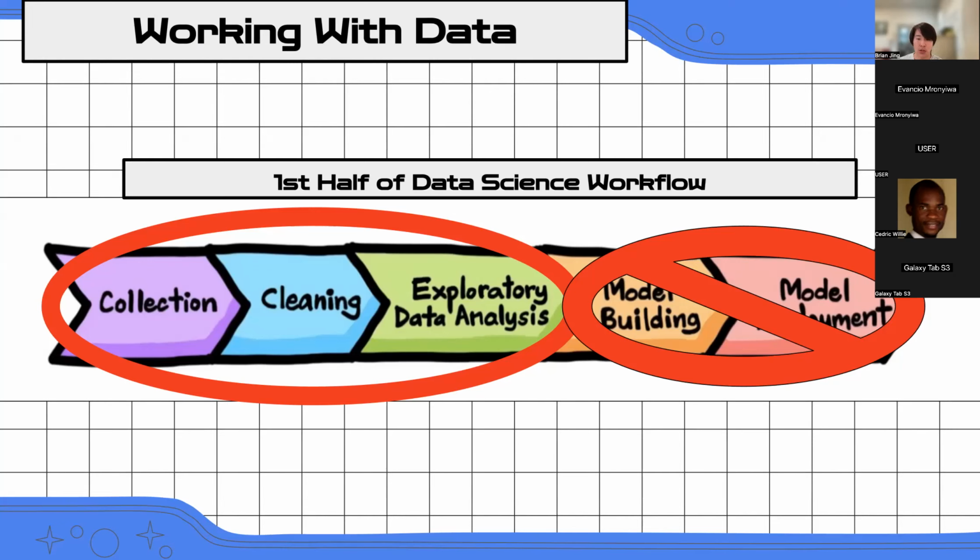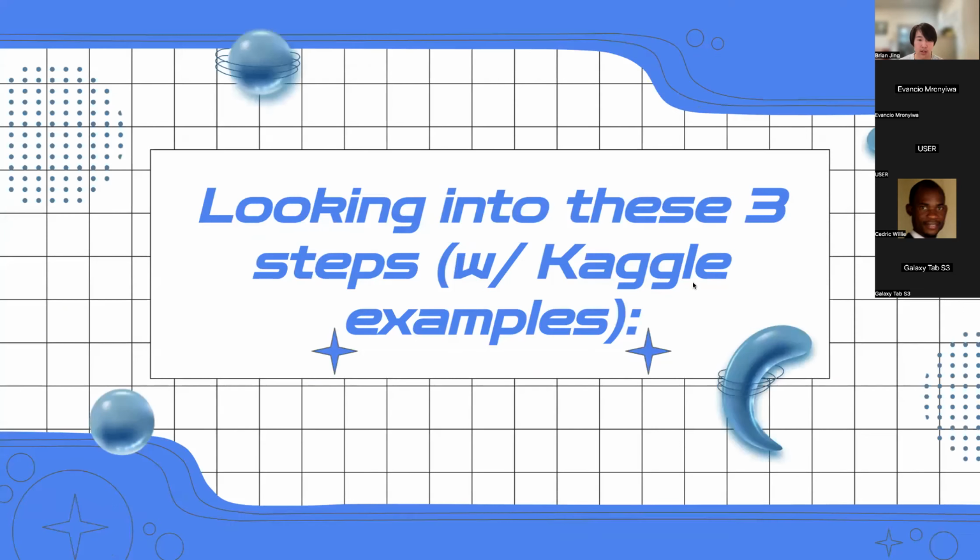We won't cover the whole workflow this time. That'll be next time. Today we're only covering the first half, which is working with data. So we have three steps. The first is data collection. The second is data cleaning or data pre-processing. And the third is data analysis. So let's look into these three steps.